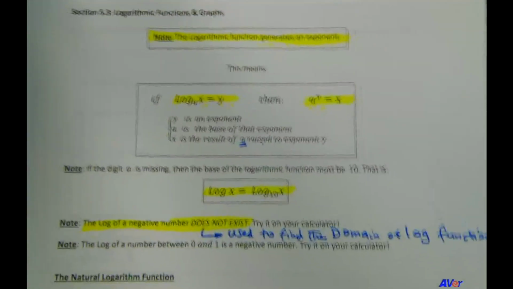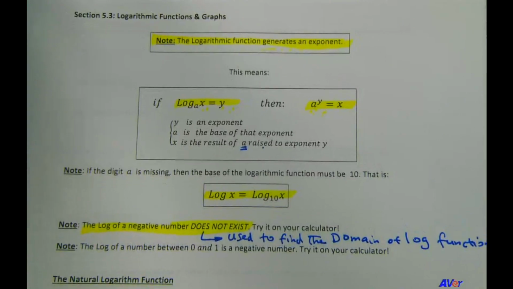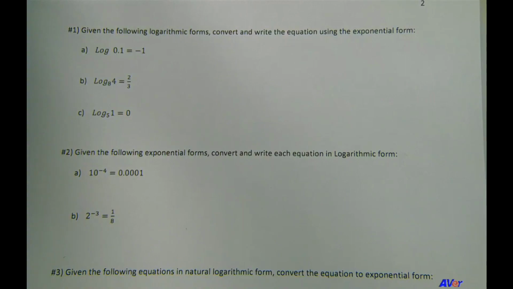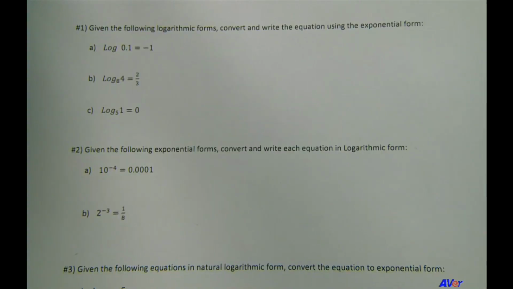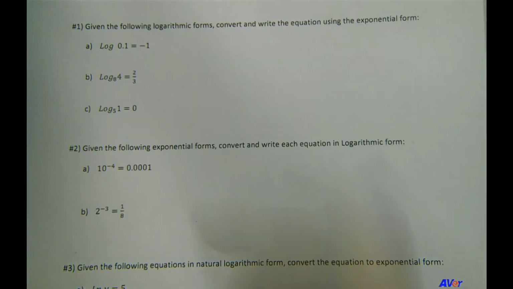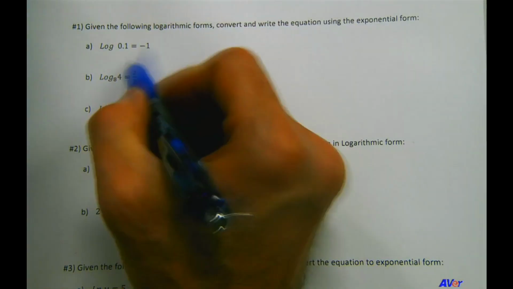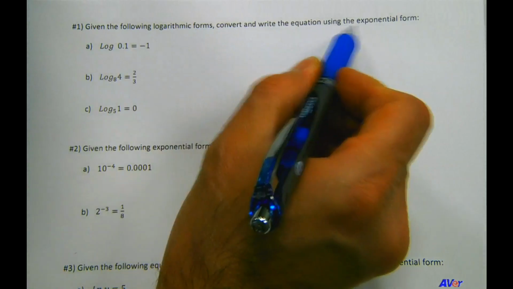If you understand this front page of this worksheet, you can solve 70% of all logarithmic equations. Then the other 30% comes up in the next section, which is about properties of logarithmic functions. We have not yet talked about those. We will in the next section, but that's the other 30%. So they say, given these log forms, convert and write the equation in exponential form.